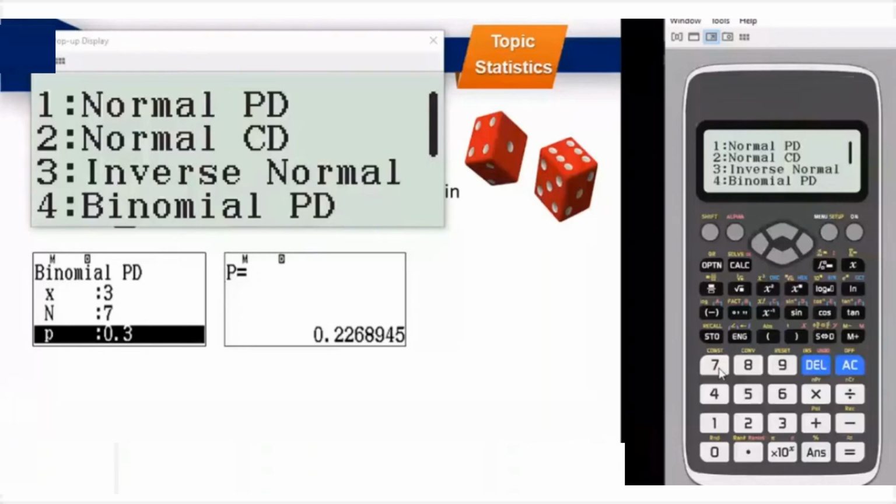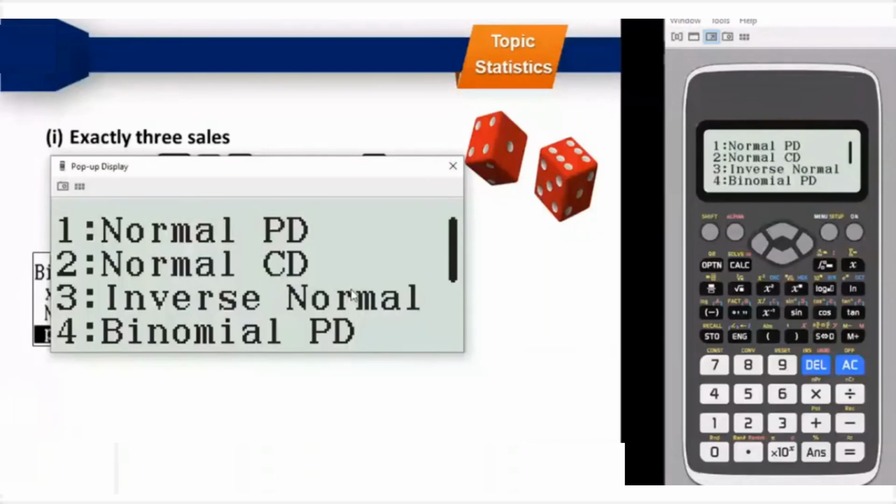Do we need a binomial continuous distribution or a binomial probability distribution? PD is probability distribution and CD is continuous distribution. Since I need one fixed value, only one instance where exactly 3 sales are being made, it's a binomial probability distribution. So I will press 4.